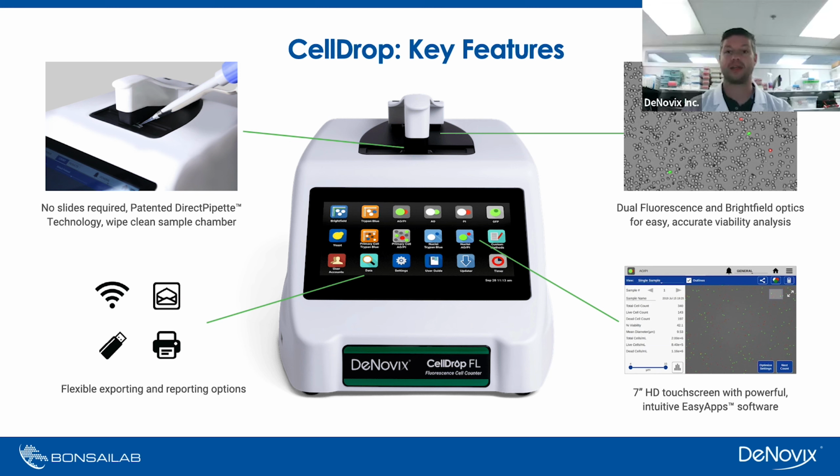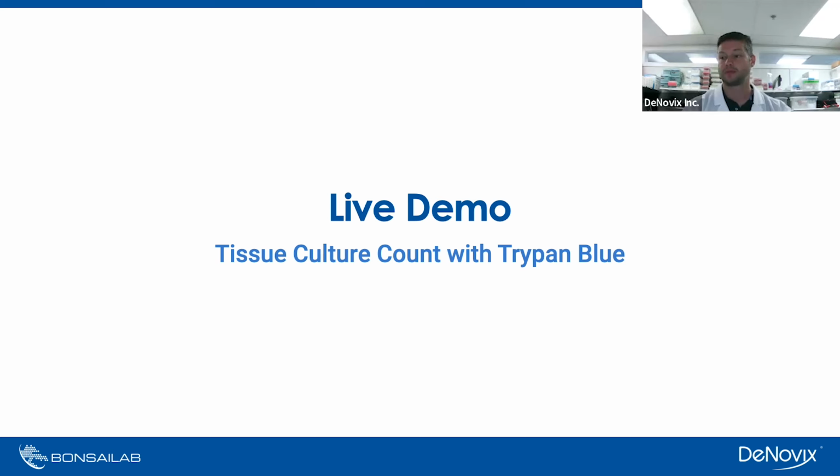The instrument can connect to the internet via Wi-Fi or Ethernet. So you can connect a Gmail account or any kind of email account to export your data directly off the CellDrop. You can connect it with a network folder in a computer in your lab, or you can just plug in a USB and export your data simply that way. It also has a 7-inch high definition touchscreen, and it comes loaded with what we call our Easy Apps software.